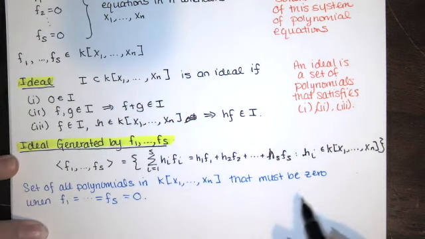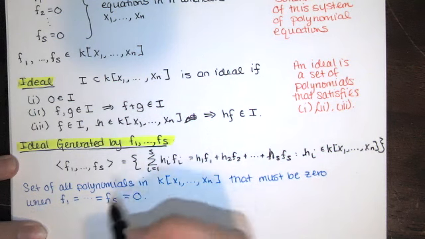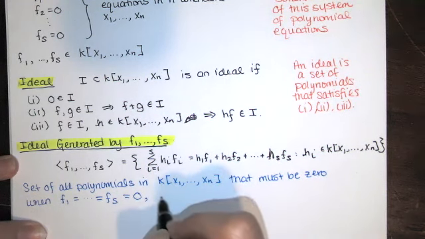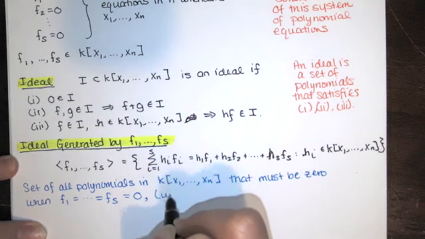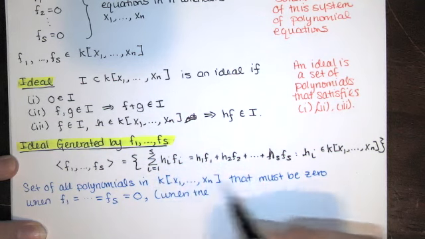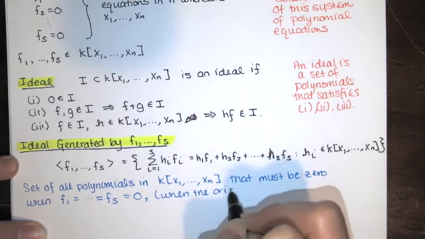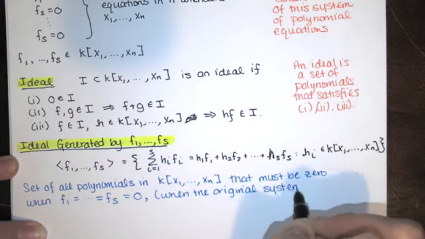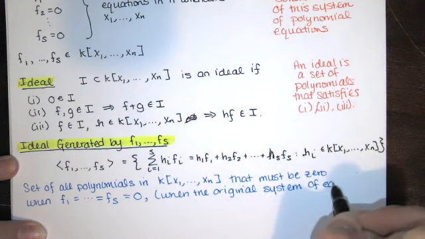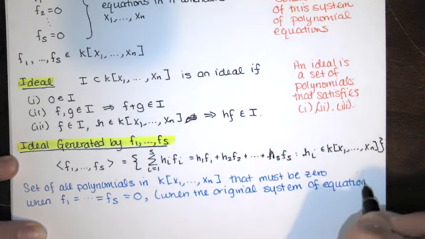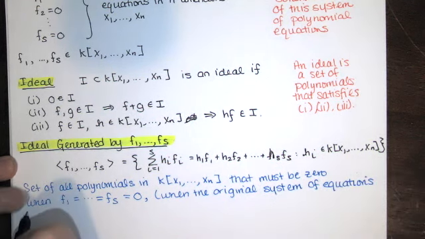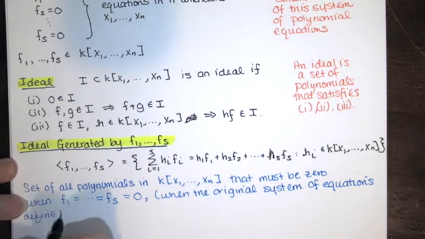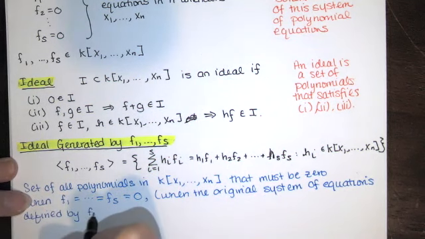It's the set of all polynomials that must be 0 when this is equal to 0, or in other words, that's when the original system of equations defined by f sub 1 through f sub s is satisfied.